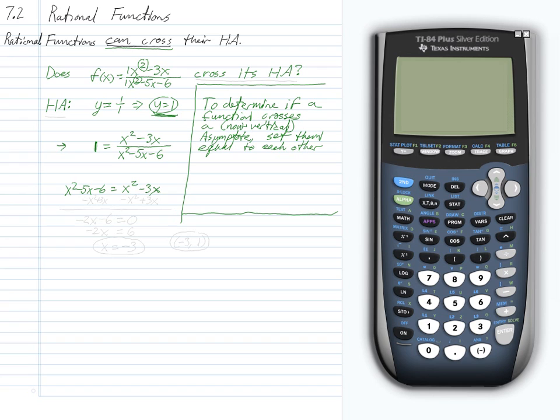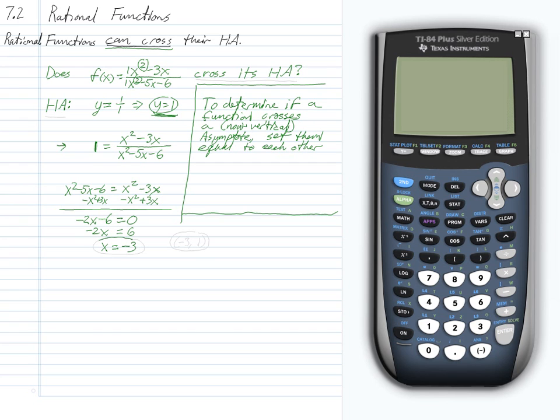Well, if I try to simplify this, maybe get one side equal to 0, I would find my x squareds actually disappear, and negative 5x plus 3x gives me negative 2x. So if negative 2x equals 6, that happens when x equals negative 3.